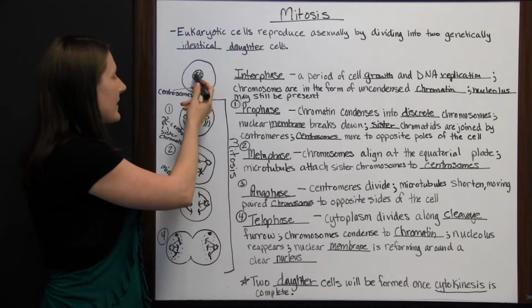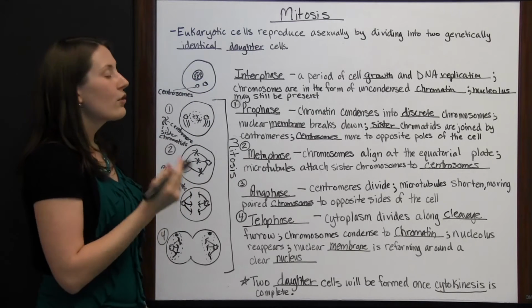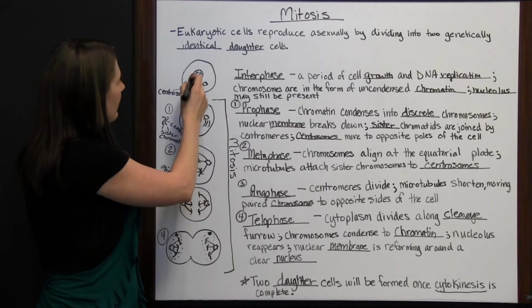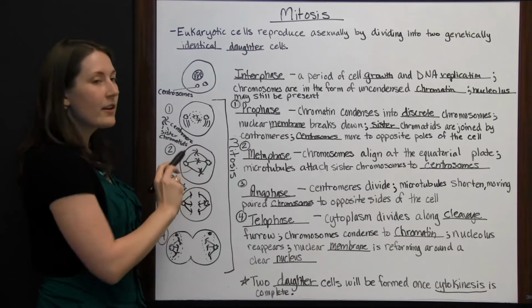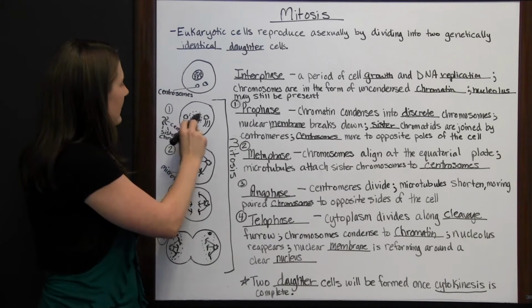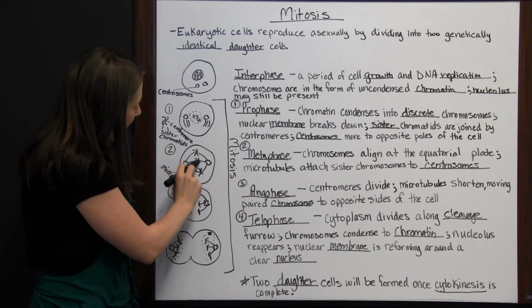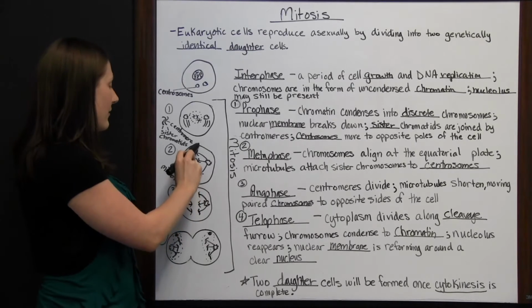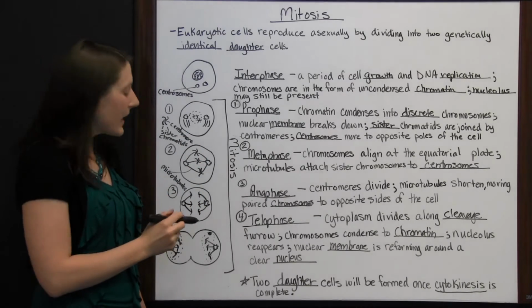So it starts off with this uncondensed DNA, this uncondensed chromatin genetic material. The chromosomes form little pairs, and the centrosomes come to either side. The centrosomes attach to the centromeres with microtubules, and those chromosomes line up along the equatorial plate.